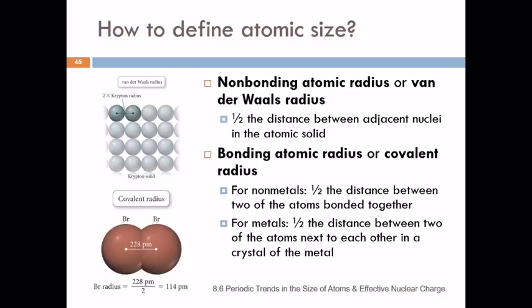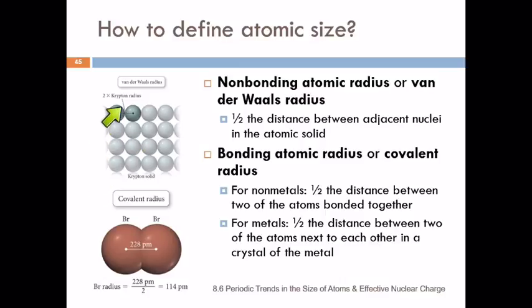But in order to talk about atomic size, we have to be clear on what exactly we are talking about. Atomic size can be defined in different ways, and you would use the different definitions in different situations. The non-bonding atomic radius, also called the van der Waals radius, would be measured in an atomic solid, such as krypton.